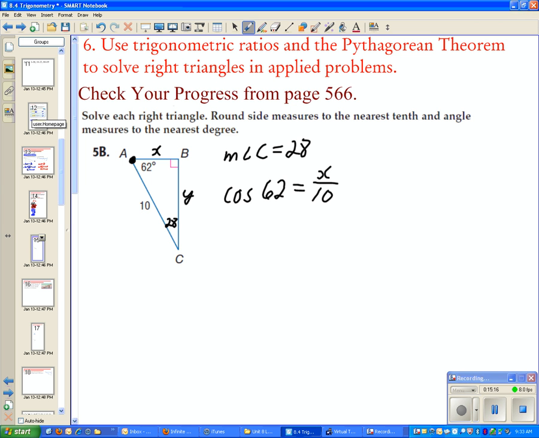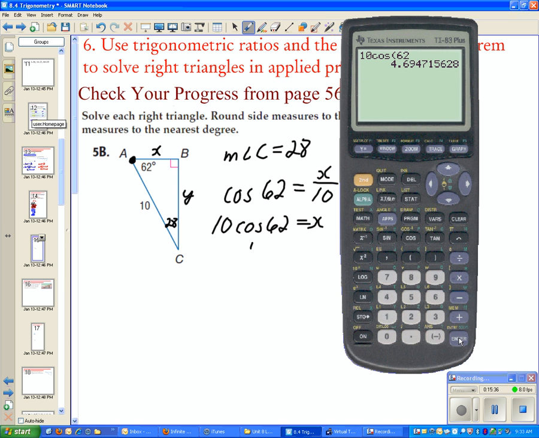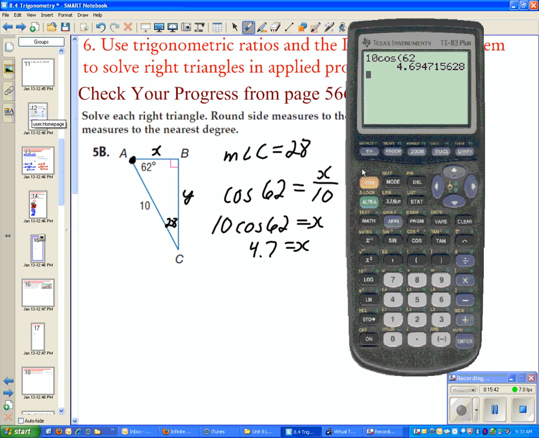And then we worked equations like this yesterday, didn't we? So we multiply both sides by 10, clear fractions, x. So now I use my calculator. So 10 times the cosine of 62. And so 4 point, what did they say? Here's 10, 4.7 is x. So it's 4.7.